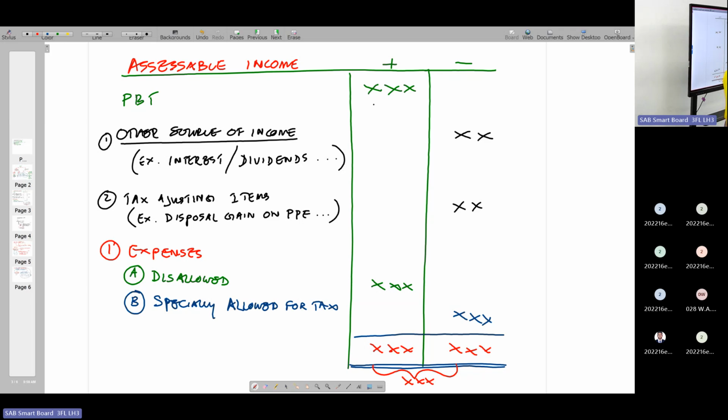If the tax law specifically allows it, then I can deduct, right? Another example I can say is improvement cost. Improvement cost may be capitalized, but for tax purposes we can deduct it with a limitation.